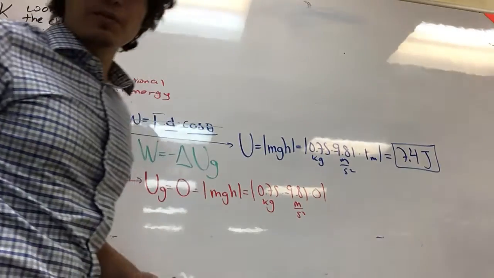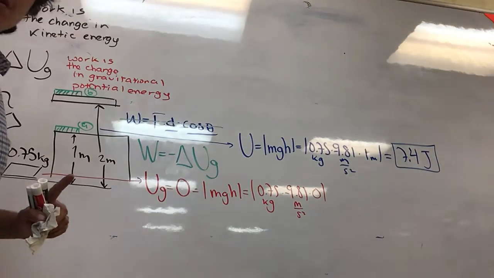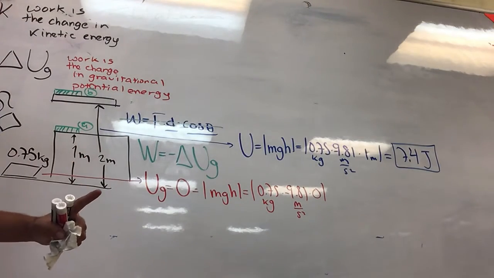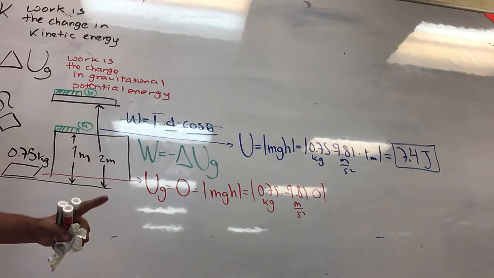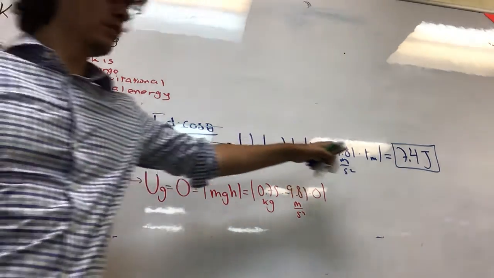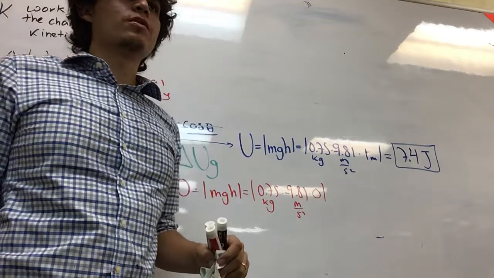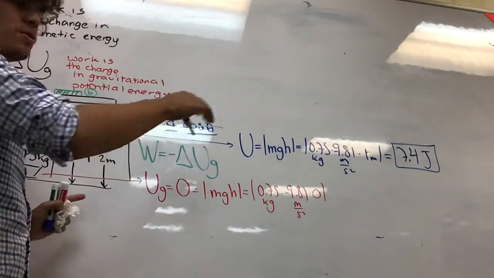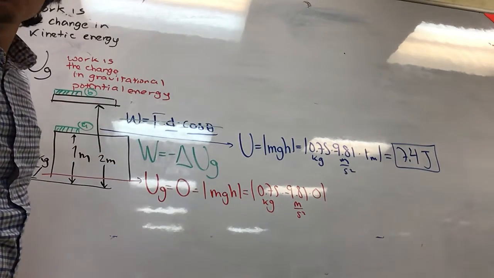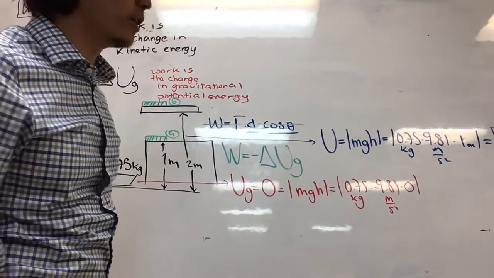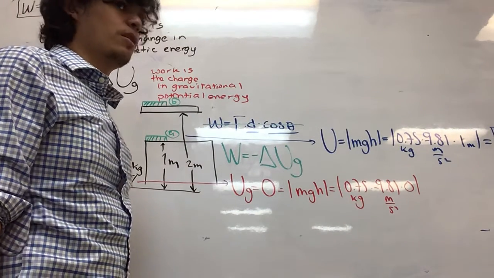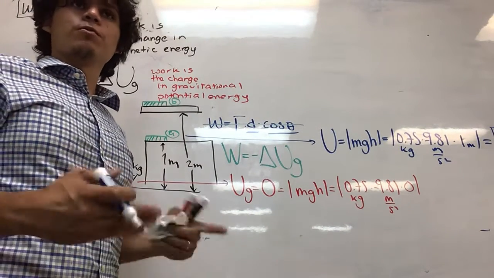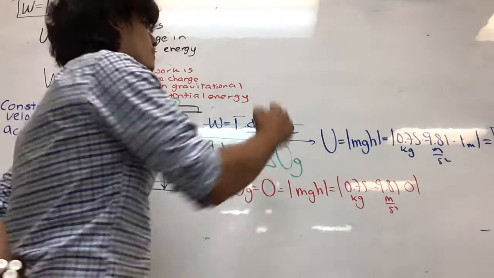Now the quick question here is how much gravitational potential energy did I gain from going from the floor to up here? Well, 7.4 joules, because the difference between 0 and that is just 7.4, which means, Diego, that the work done by this person to lift it from the floor to the desk is what? 7.4 joules.